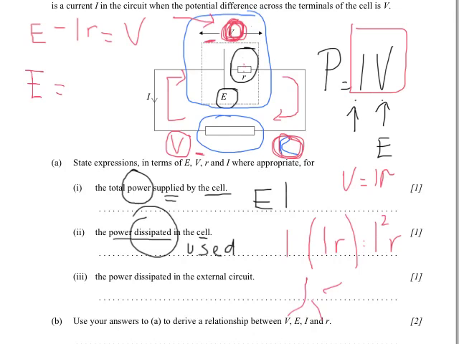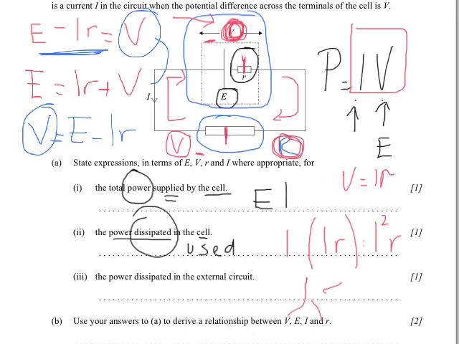So it would be the potential difference here, IR, plus the potential difference across here, which we're just going to call V. If we rearrange this to make it look the same as this, we'll end up with V equals E minus IR. So here we've proven that you can use the same equation to find V there or V there.